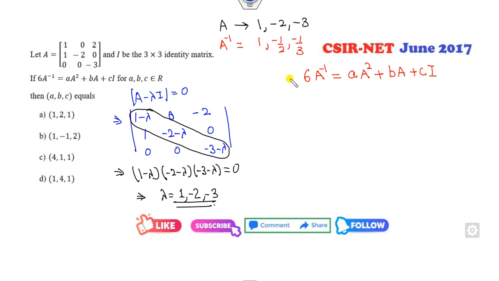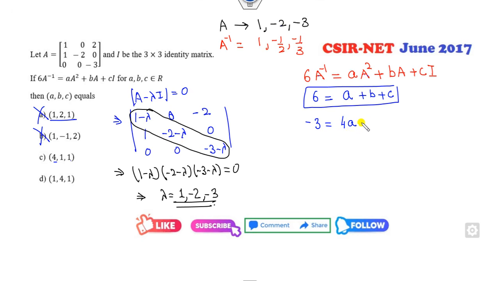Now substitute here. Firstly I can take it as 1, so A plus B plus C. Look at the options, A plus B plus C is 6. Cancel. Cancel. 6 satisfied. Look at the second eigenvalue, minus 2. A inverse is minus 1 over 2. A is equal to minus 2.